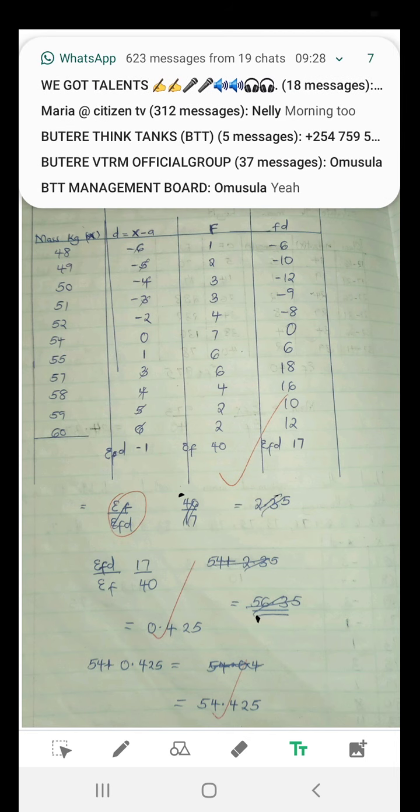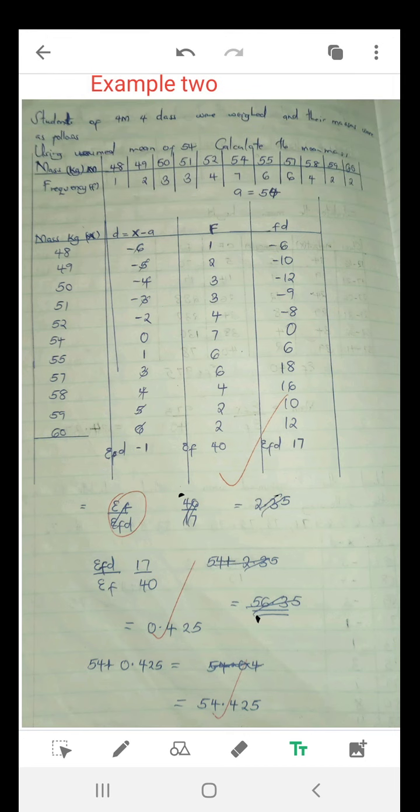Here the first value is 48, so it's 48 minus 54, you get negative 6.